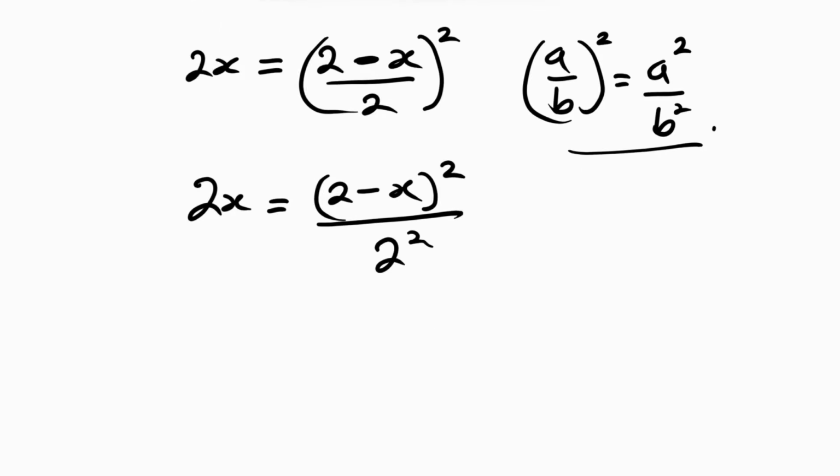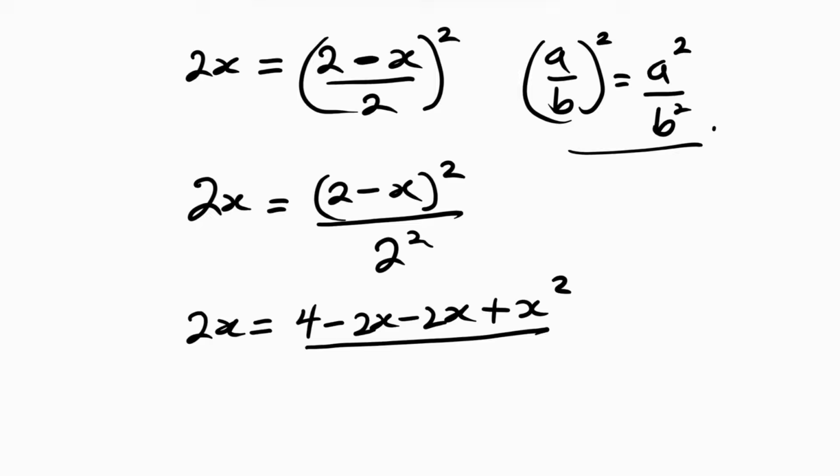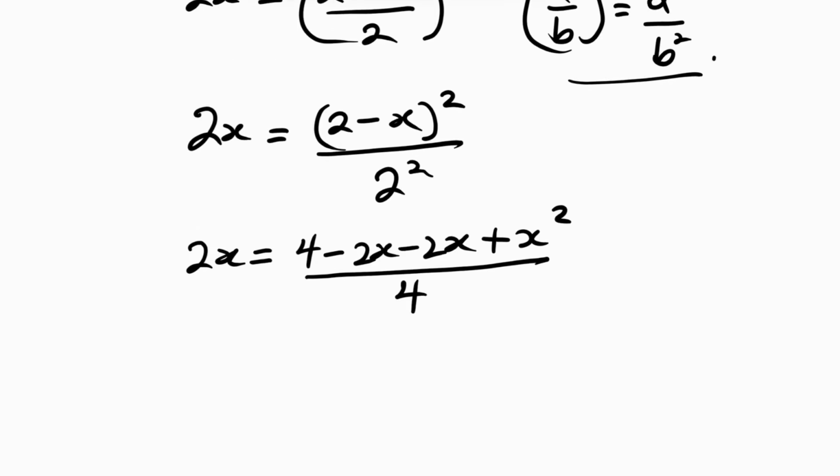So now we have 2x equals (2 minus x) squared, which is the same thing as 2 times 2 is 4, minus 2x, minus 2x, plus x squared, divided by 2 squared, which is 4.